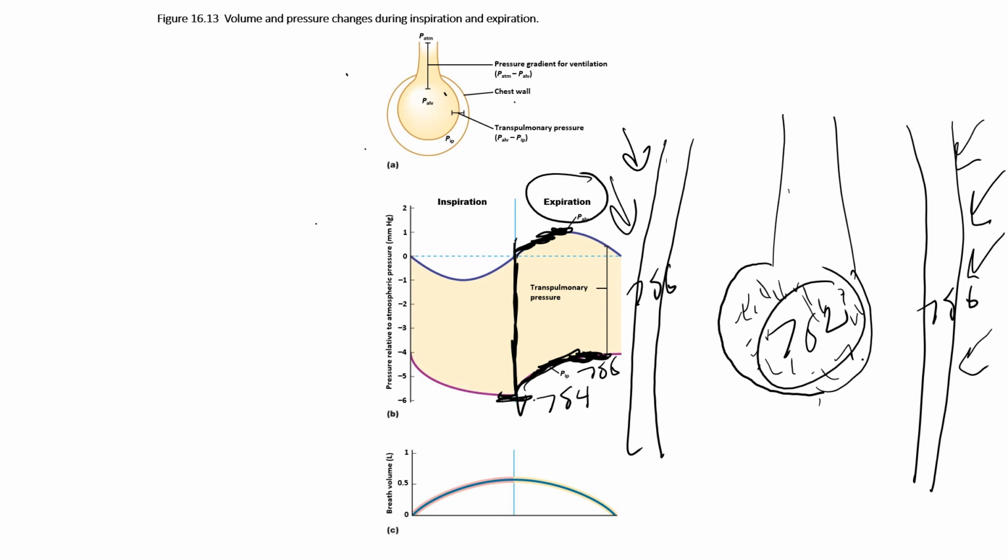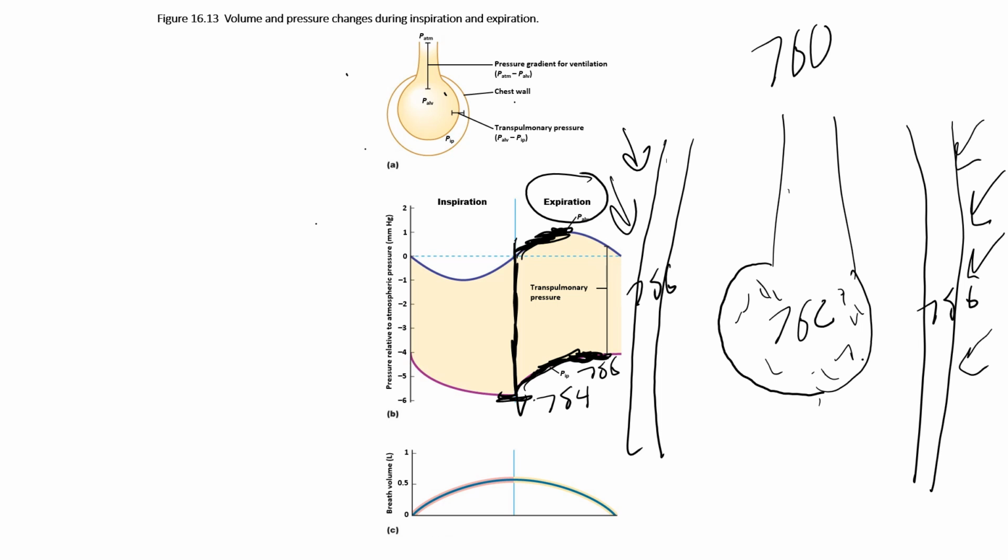And the alveoli are recoiling and collapsing around all this extra air that came in from the atmosphere, as you can see here, which drives up intra-alveolar pressure, which is exactly what you're seeing here. And it drives it up, in my example, to 762, which is actually greater than atmospheric pressure. So now intra-alveolar pressure is greater than atmospheric pressure.